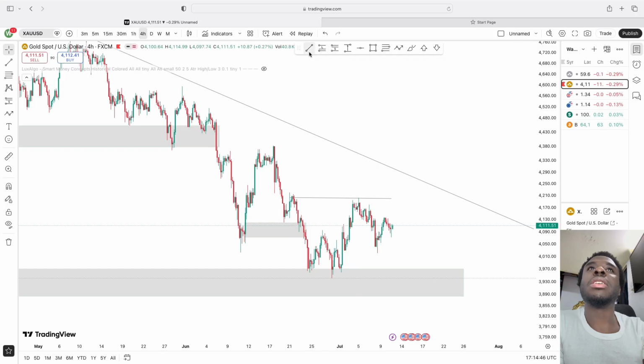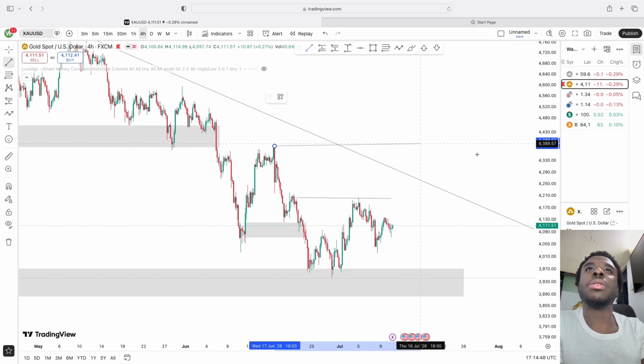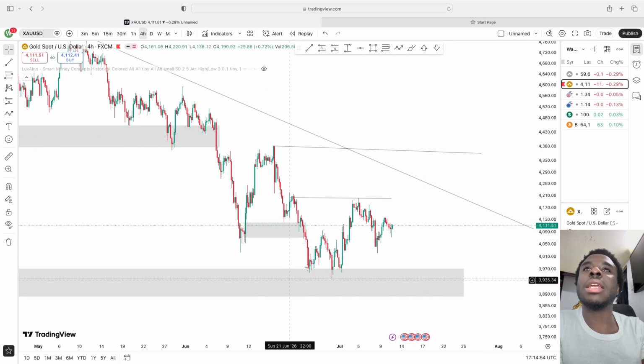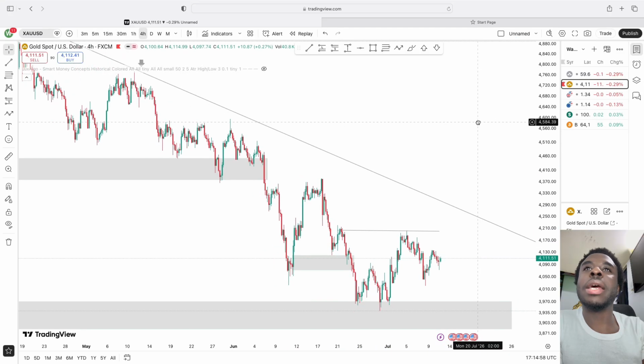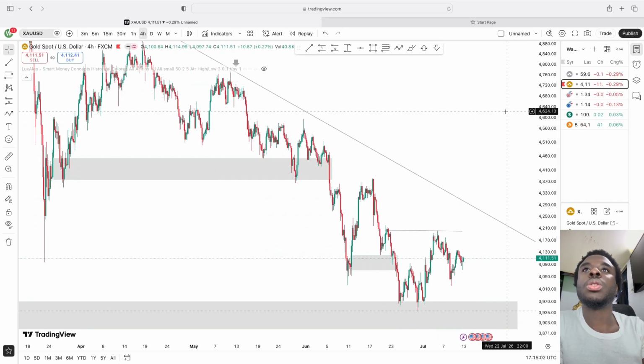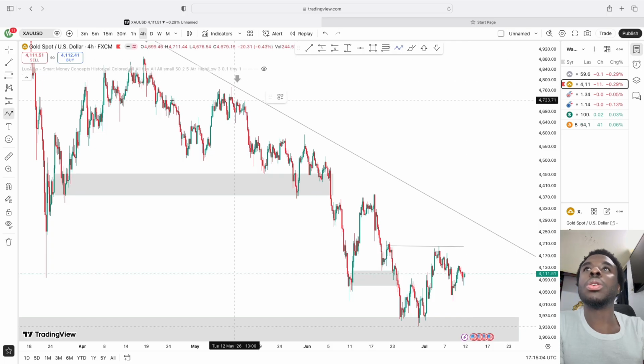Unless this 43.75 level is broken, because this is the high that caused this break of structure to the downside, right? So unless that level is broken, we are still bearish on gold.